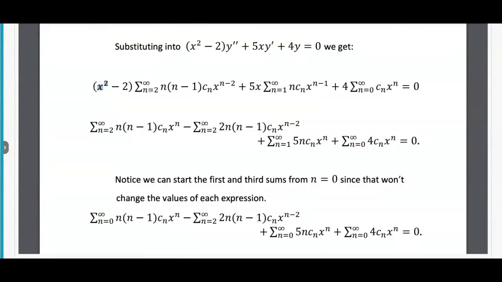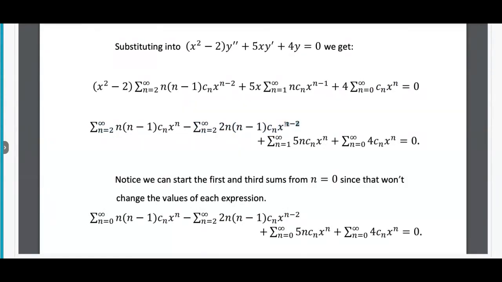Then x squared goes into this, and minus 2. So let's change that to be x raised to n. Then negative 2 times that. Negative 2 we can multiply inside the summation sign. So we get negative of the summation of this term.